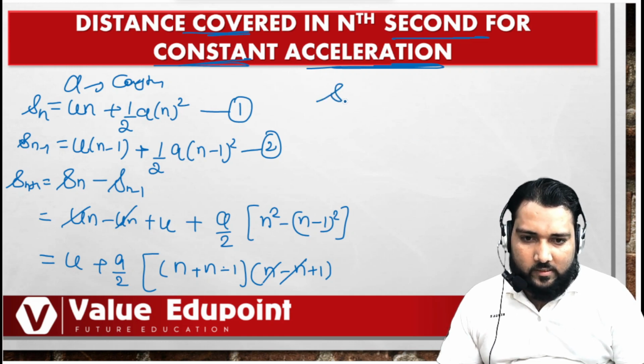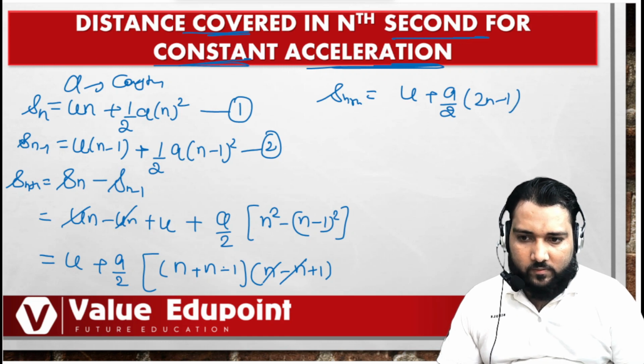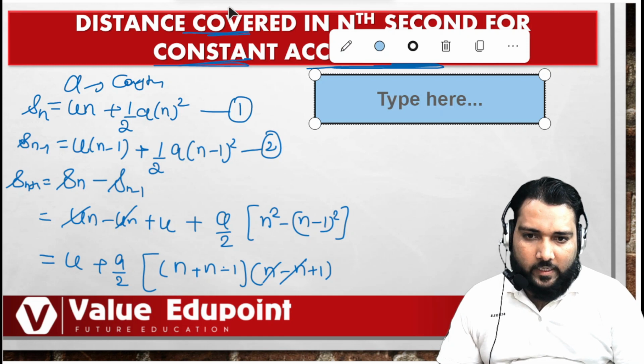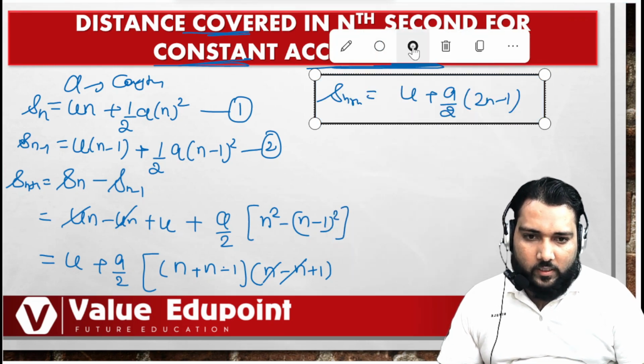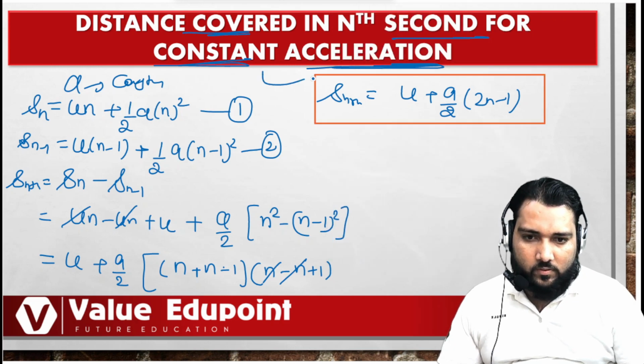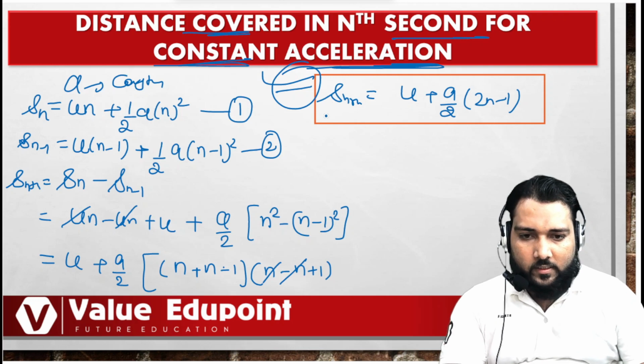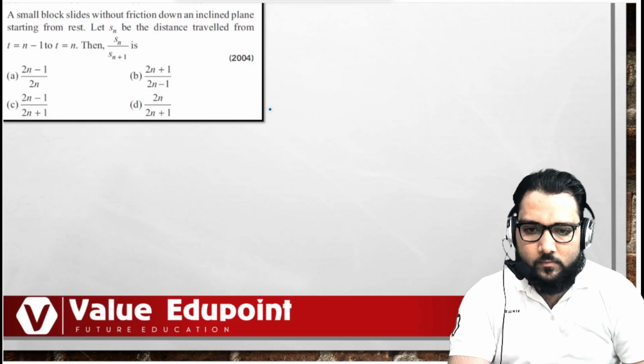So the distance in the nth second will be u plus a by 2 times (2n minus 1). It is very important, guys. So this is the distance covered in the nth second.